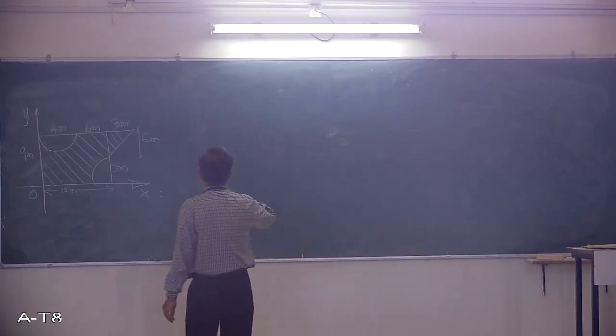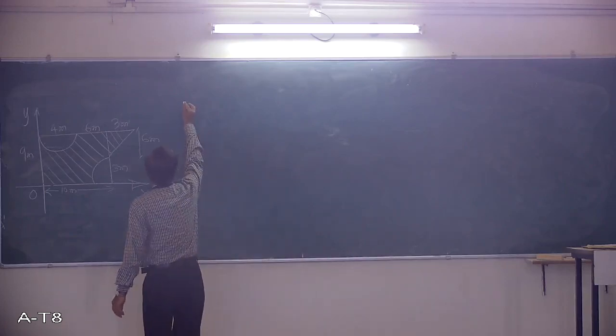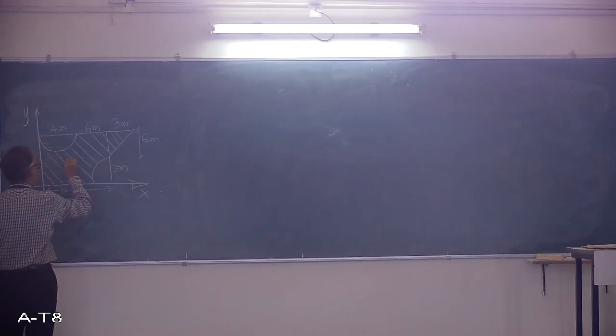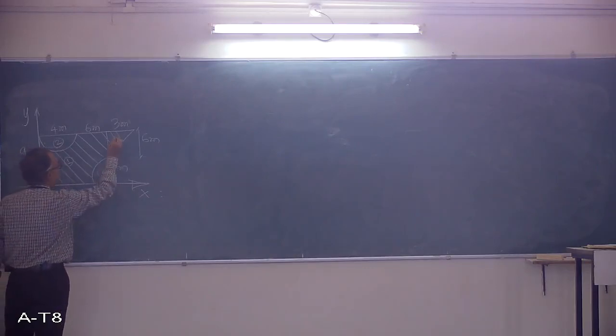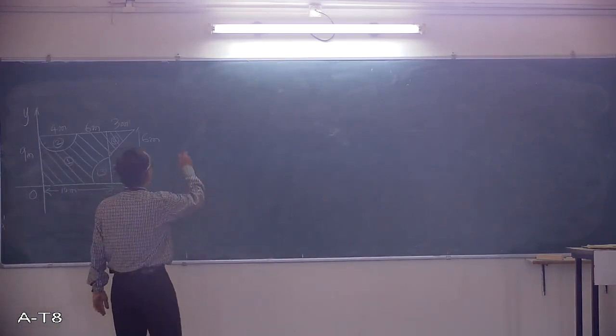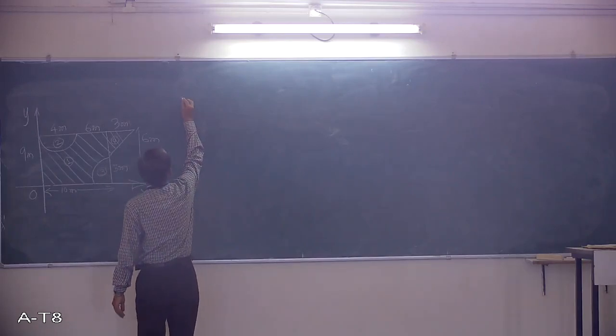First I take the rectangle as number 1, semicircle as number 2, quarter circle as number 3, triangle as number 4. So what will I write? First I write rectangle, figure 1.